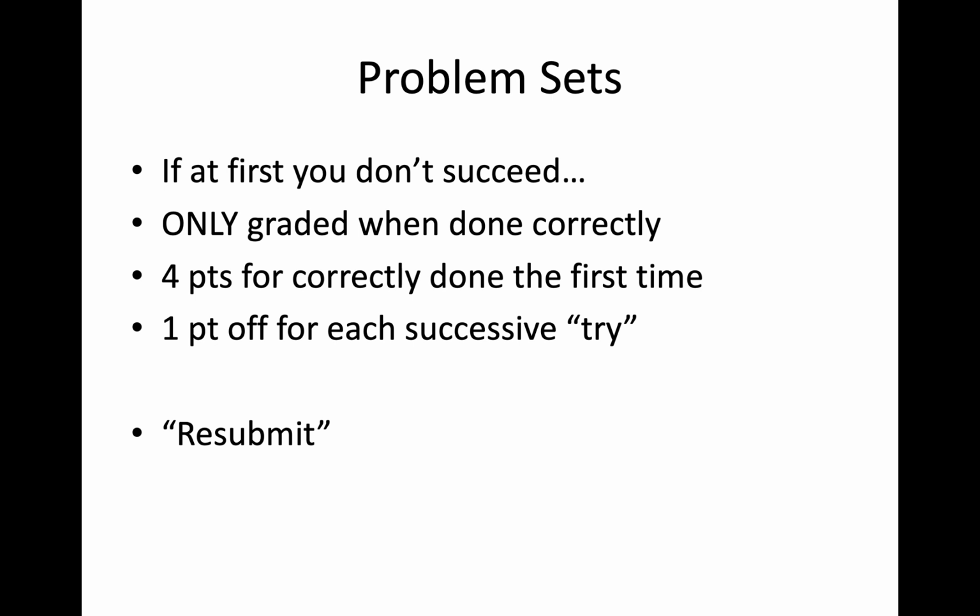I dock you a little bit, but you can get 4 points for a submission that is completely correct the first time on time. So hopefully that provides some incentive for you to do that. It's called my resubmission policy. When you submit a homework online, I will be giving you feedback and commenting on what you need to do to correct it if you need to correct it.